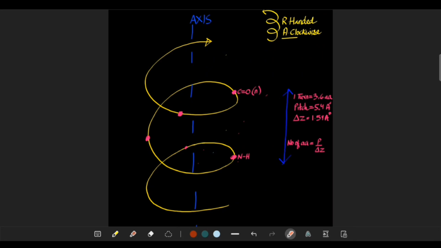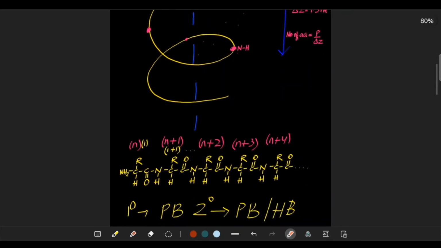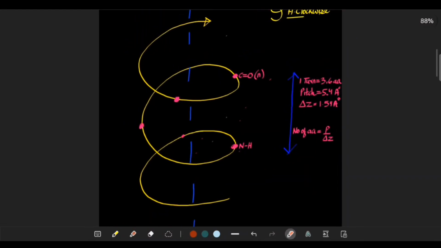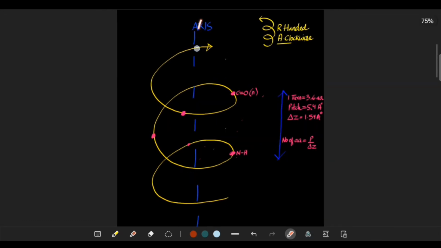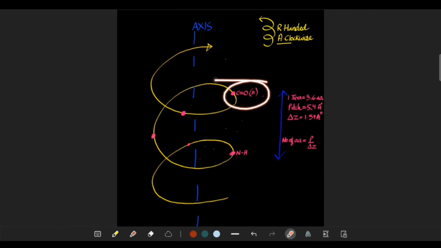Now, as I told you, the first amino acid was named I or N, and the second one continuously like N plus 1, N plus 2, or I plus 1, I plus 2. So I've just written it out here. I'm just trying to show you in a general form. So this is the axis, and around this axis we have the helical structure, and this is the C double bond O group of the first amino acid.